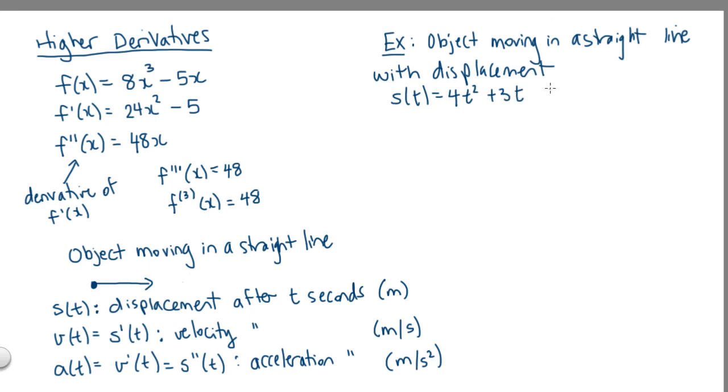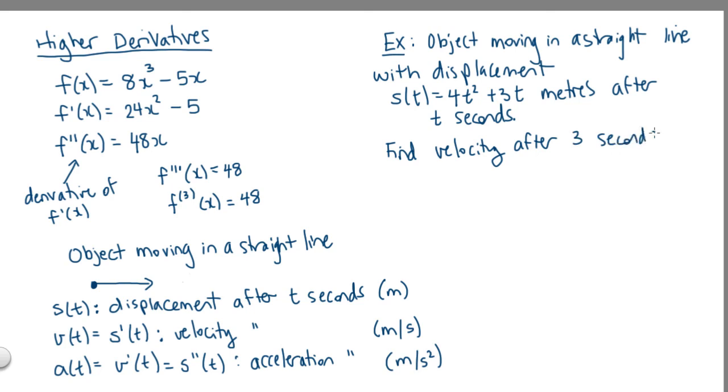And let's say s of t is measured in meters and t is measured in seconds. So we've got a specific displacement in meters after t seconds. Okay, the problem here is to find the object's velocity. Let's do that after, say, 3 seconds. And let's also find the object's acceleration. And let's do that after 2 seconds.